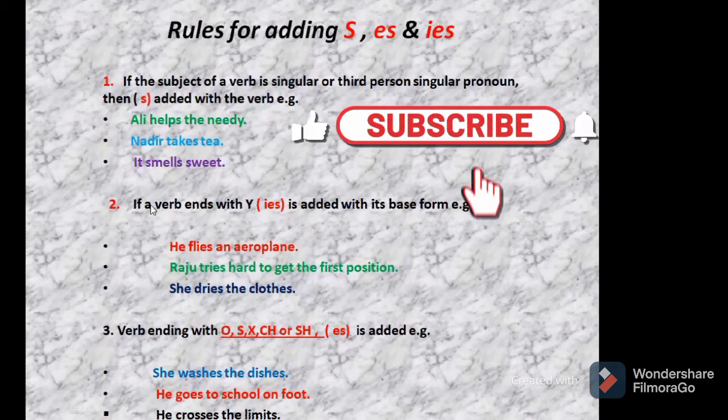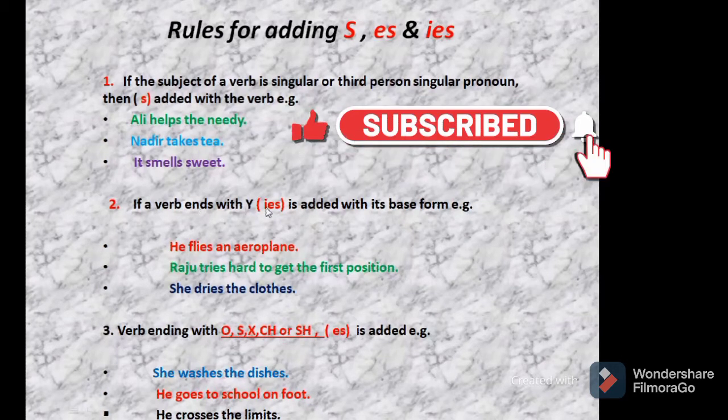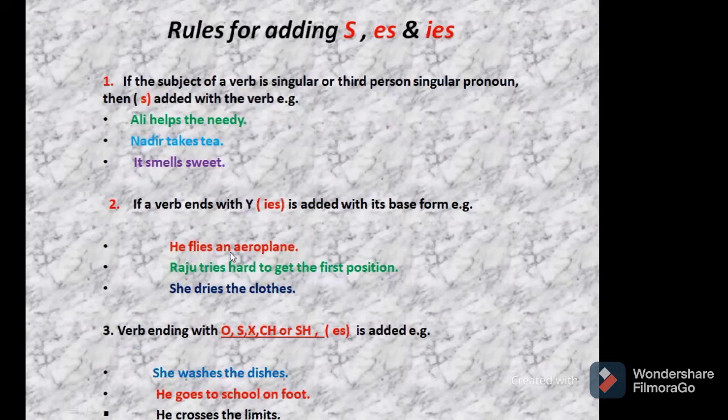The next rule is that if a verb ends with Y, we use IES. He flies an aeroplane. It was actually he fly. Fly is the verb which ends with Y, but with a third person singular subject we use IES. Y changes into IES. He flies an aeroplane. Similarly, tries.